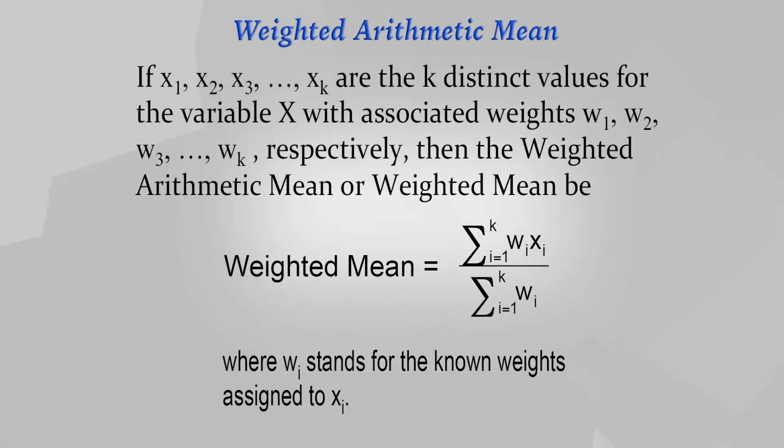That is equal to the summation of i equals 1 to k of wi xi, divided by the summation of wi, where wi stands for the known weights assigned to the different distinct values xi. Now, we come to an example which would give more clarity about the weighted mean.